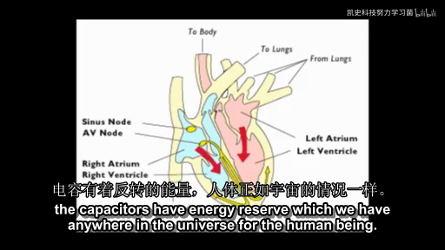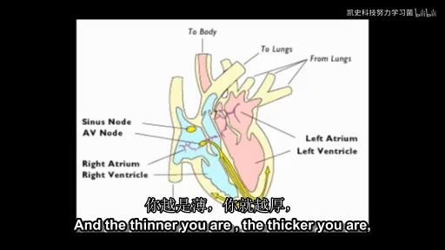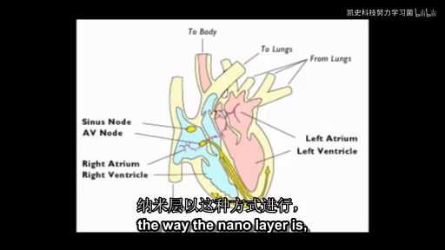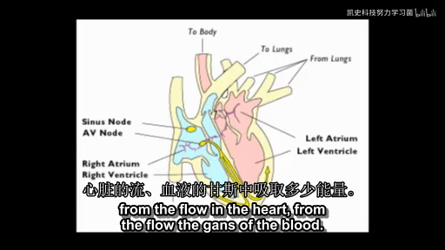It's the best capacitor energy reserve which we have anywhere in the universe for the human being. So the heartbeat comes more or less from the thickness of the wall, and the thinner or thicker you are, the way the nanolayering is depends on how much energy you absorb in the heart from the flow of the gans of the blood.